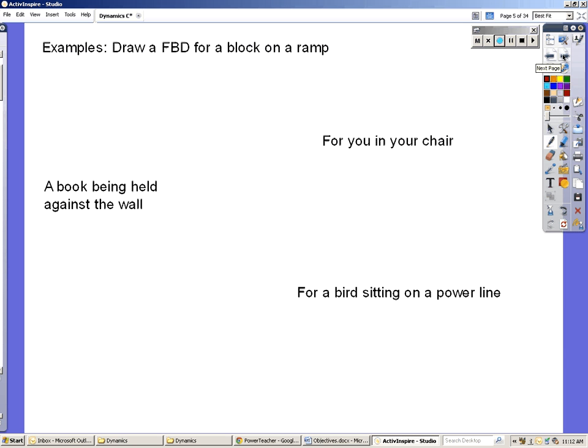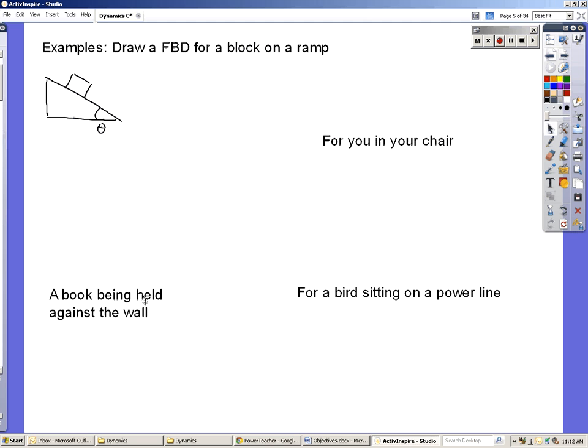And so here are a few examples. There's a free body diagram for a block on a ramp. We'll see this all the time, so you would do well to make sure you understand this one. So here's the block on the ramp. That angle of the ramp we'll say is theta. We'll draw the block as a dot, and we'll ask what forces act on this block. Well, there's obviously gravity.